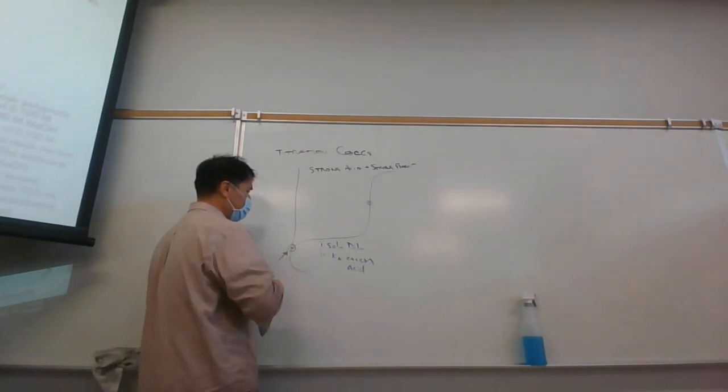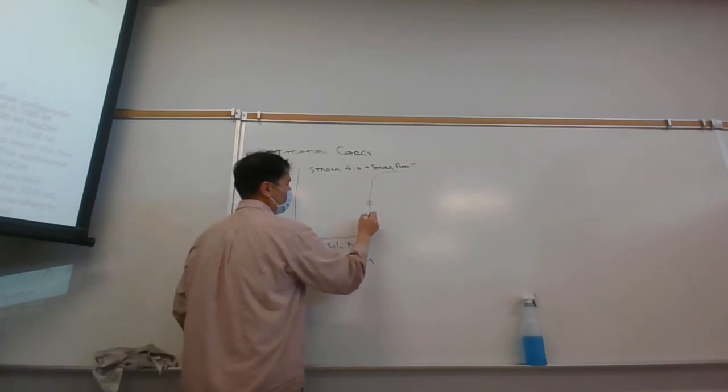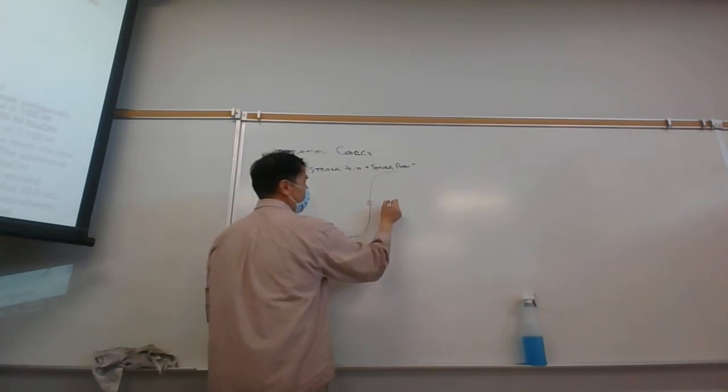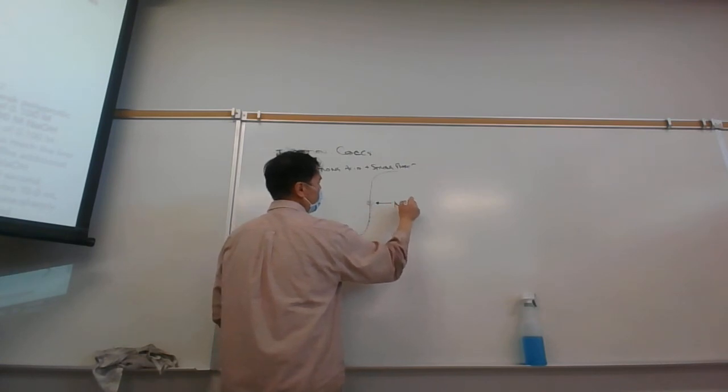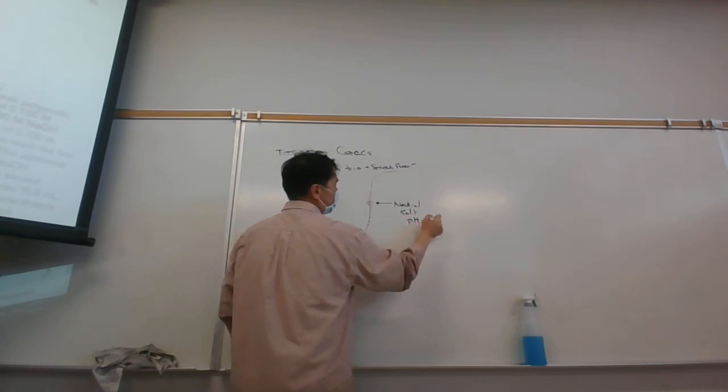That would be in this range here. Then here at the equivalence point, we have a neutral salt. pH is 7.00.